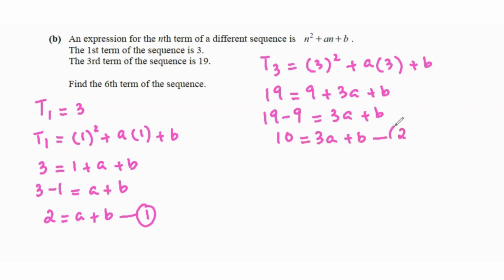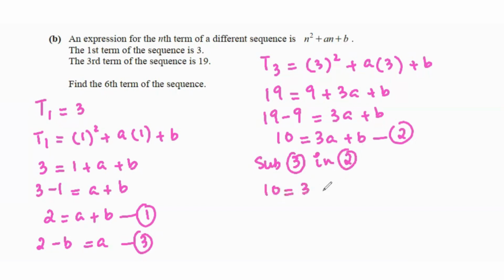That is your second equation. So I'm going to make a the subject in the first one. So 2 minus b equals a. And I'm going to substitute that in the second equation. That's going to be 10 equals 3 times 2 minus b plus b.